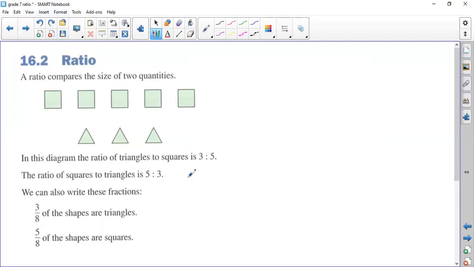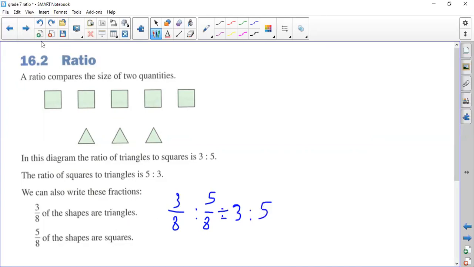So if I write 3 to 8, the ratio of triangles to squares, 5 to 8, and when we have these equal denominators, this will be the same as 3 to 5. So this one is the ratio.